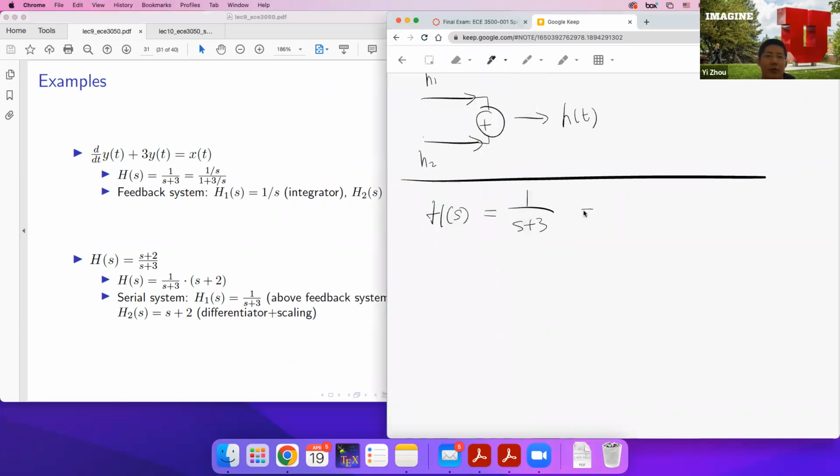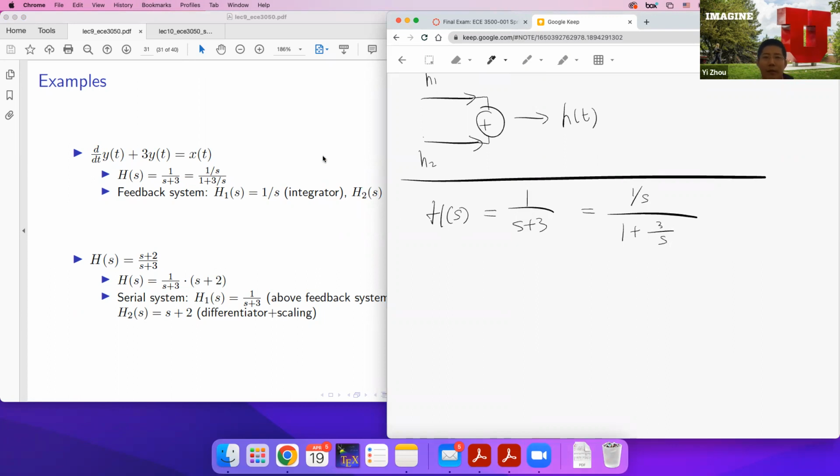And what we can do is rewrite it into this form. So we divide by S on both sides, on the numerator and denominator. So this is an equivalent transformation.